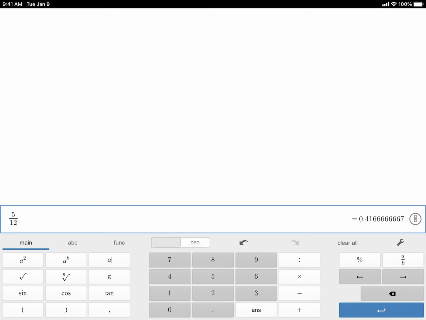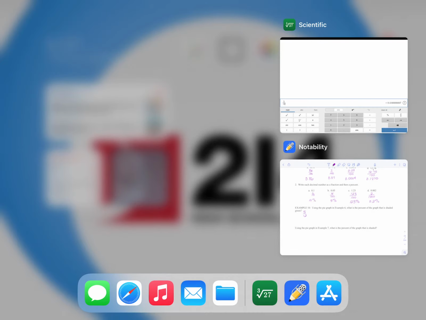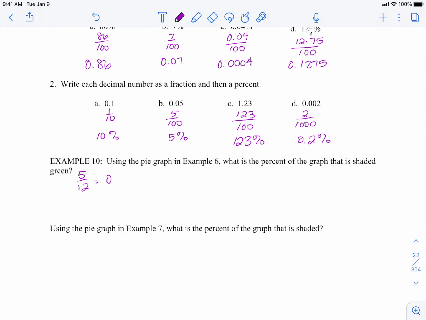So we can write it as 0.417. We can round that. And so then if I wanted to write that as a percent, it would be 41.7%.